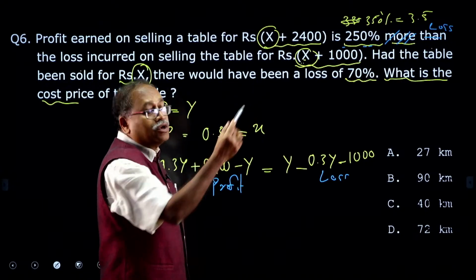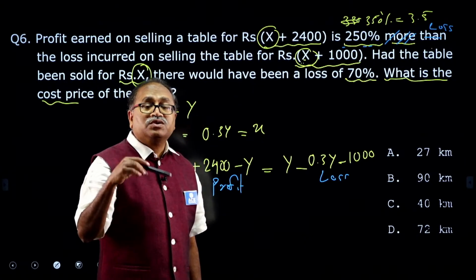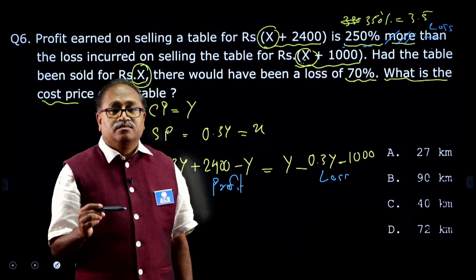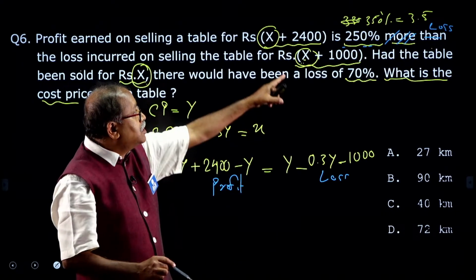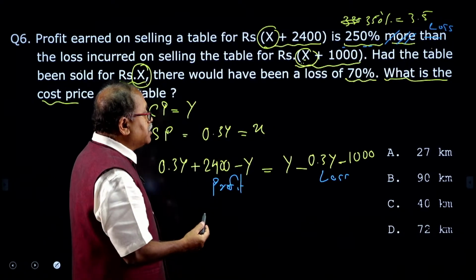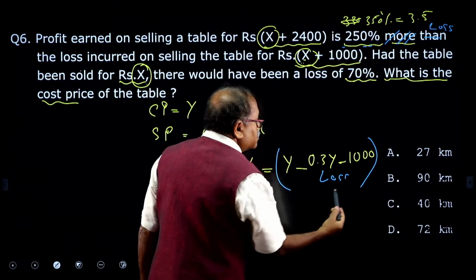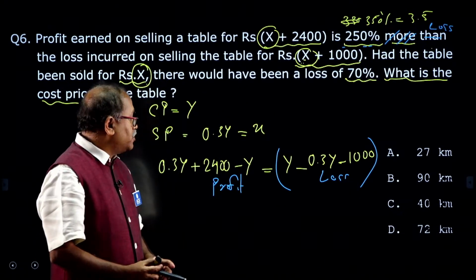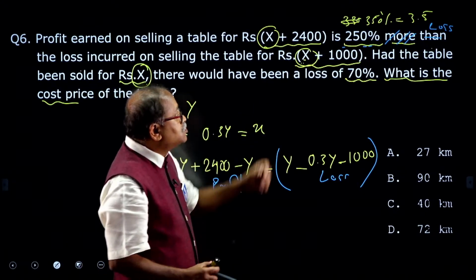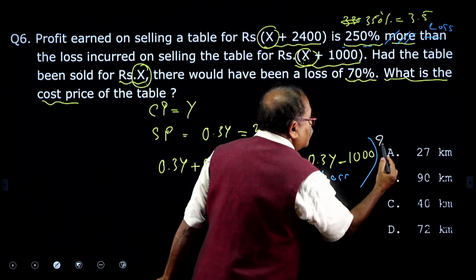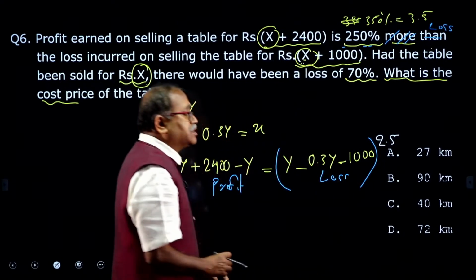It is not 250% more, it is 250% of the loss. Okay, my dear friends, I am sorry for that wrong typing here. So, I will be taking this one, how many times of loss is the profit? That is 2.5 times. So, I will write down this as 2.5 times.